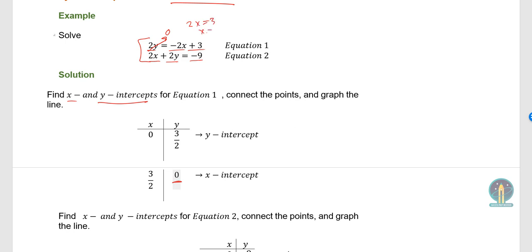So x equals 3/2, just like we have here. Doing the same for the y-intercept, setting x equal to 0, this goes to 0, and then this becomes 2y equals 3, so y equals 3/2. This is the y-intercept.